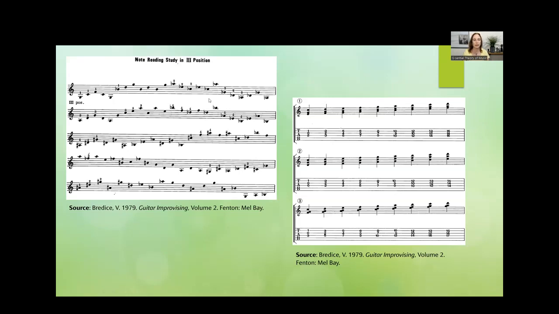So over here you can see it's a note reading study in the third position, and it's got wonderful accidentals. So this is really a very good drill for the learners to learn their notes and be quick to actually recognize all of them.